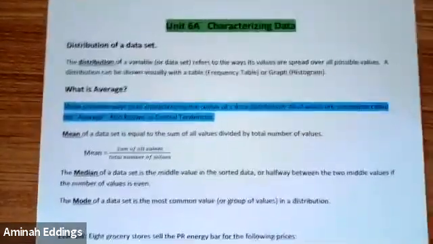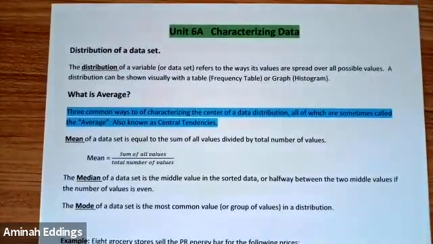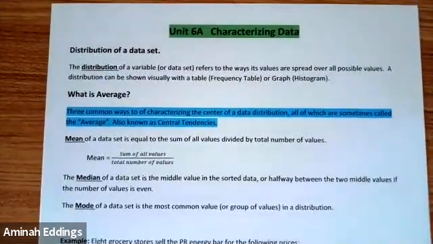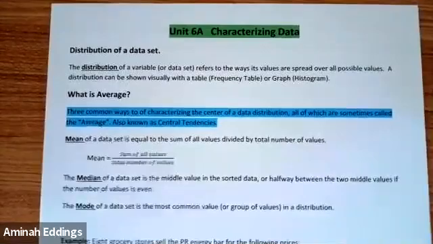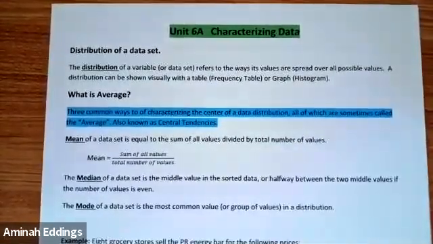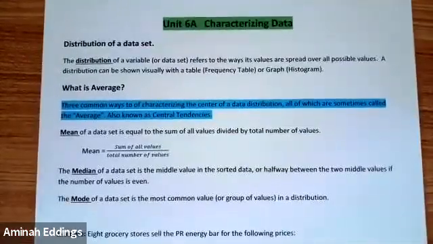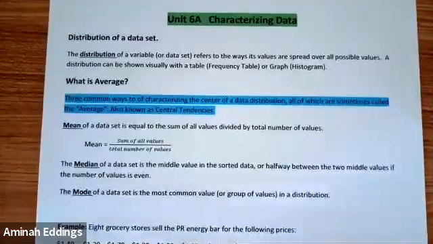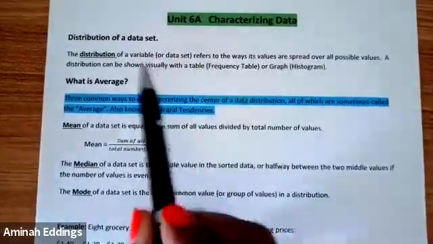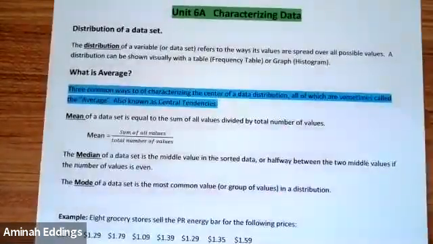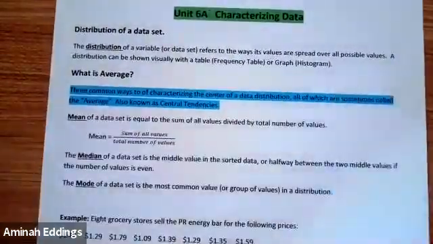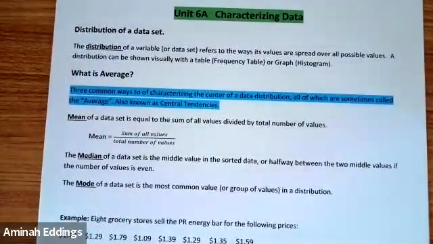All right. So Unit 6A is about characterizing data. What we're looking at here is ways to look at the actual data that we collect. The distribution of a variable or data set refers to the ways its values are spread out over all of our possible values.